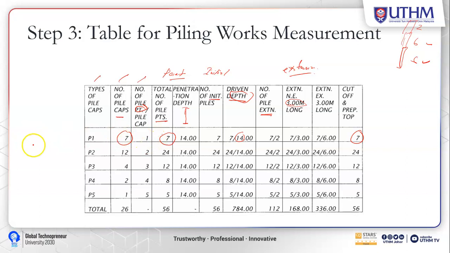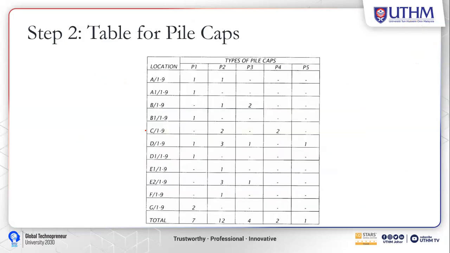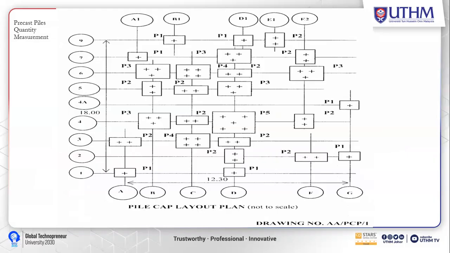So for example, we take this pile cap type 1, P1. For pile cap type 1, the number of pile caps is 7. To indicate where this pile cap is, please go back to the pile cap layout plan.